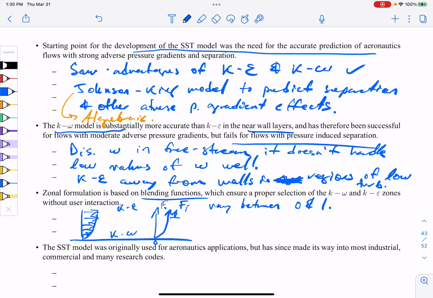And we would multiply F1 times the K epsilon equation and 1 minus F1, and we'll show this in equations in a bit, times the K omega equation. So we might do F1 out here and 1 minus F1 in here for K omega, K epsilon.